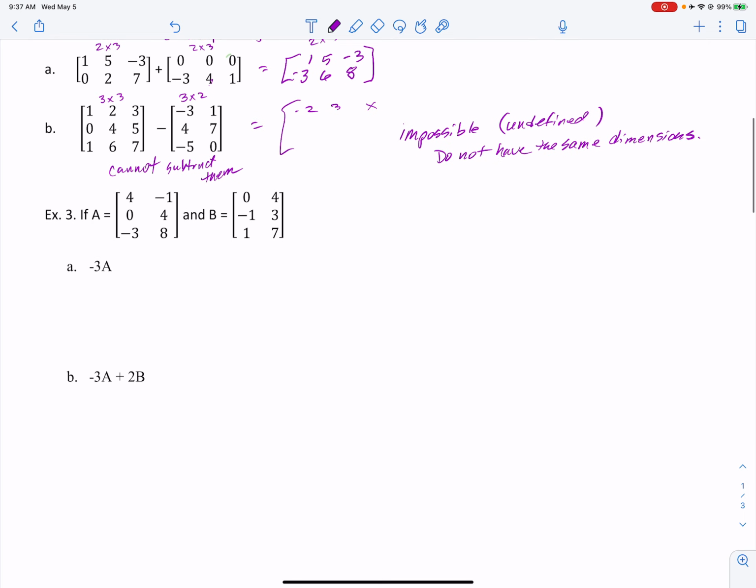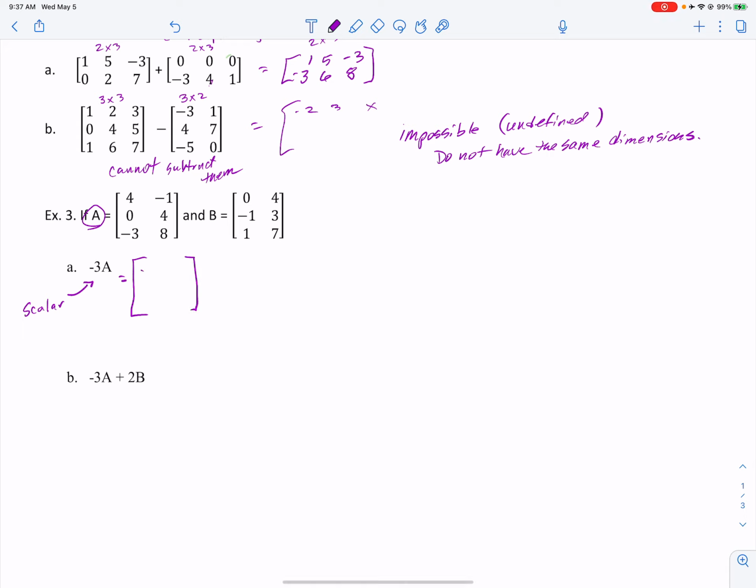All right, well, we also have some multiplication things, and we're going to start with where we have a number times the matrix, and that number is called a scalar. Scalar multiplication, we call it. And when we have scalar multiplication, so this means we're taking a -3 times this matrix A, you take each entry in matrix A times the -3.